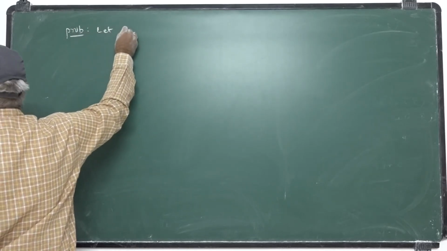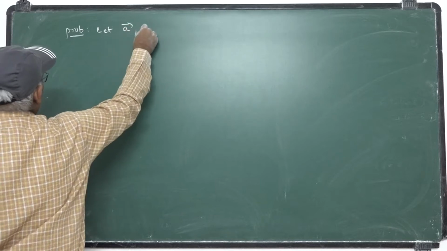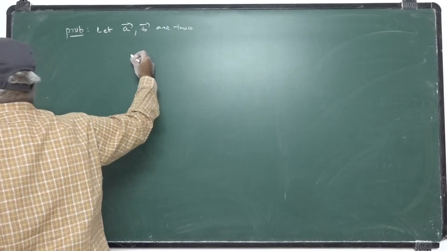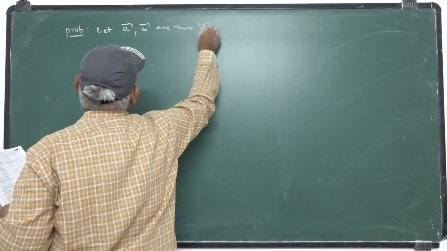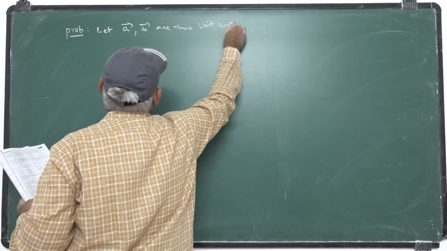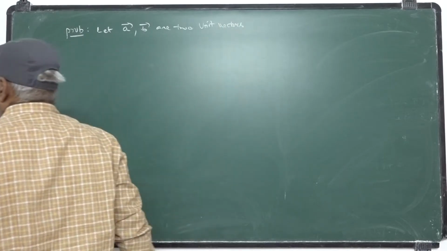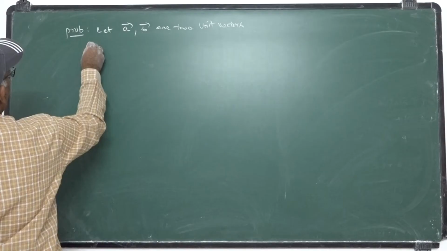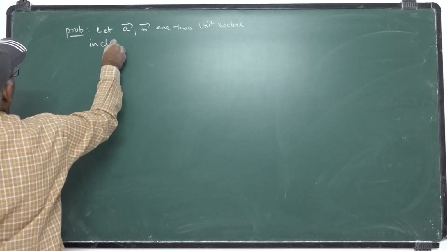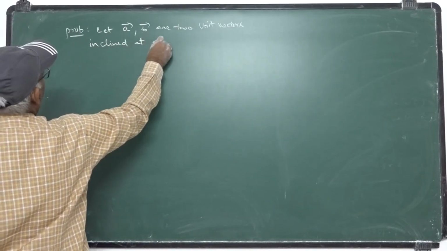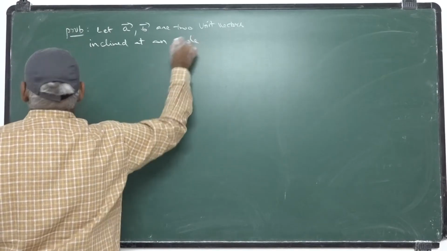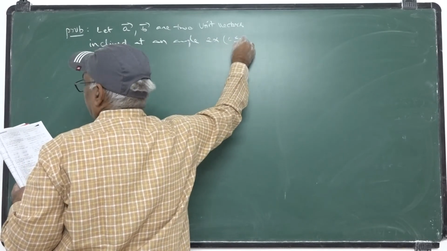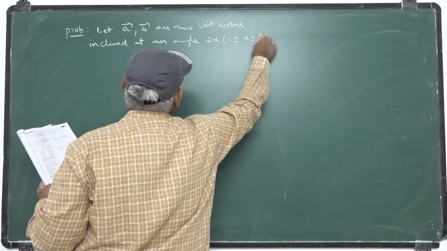Next problem. Let A bar, B bar be two unit vectors inclined at an angle alpha to each other, where 0 is less than or equal to alpha is less than or equal to pi.